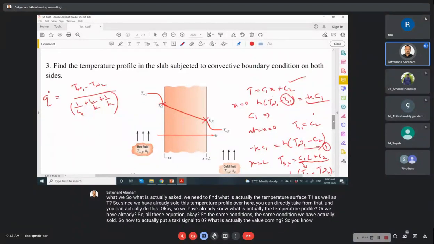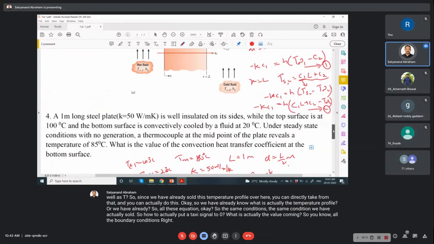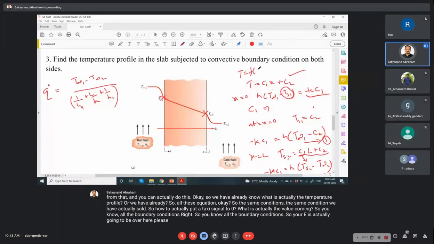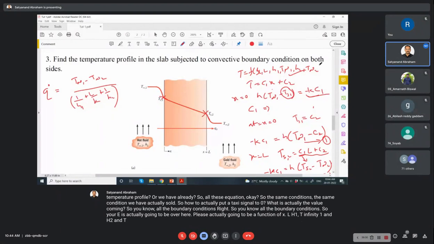You know all the boundary conditions, right? So T is going to be a function of x, L, H1, T infinity 1, and H2 and T infinity 2. When you derive your equation, you can see that.